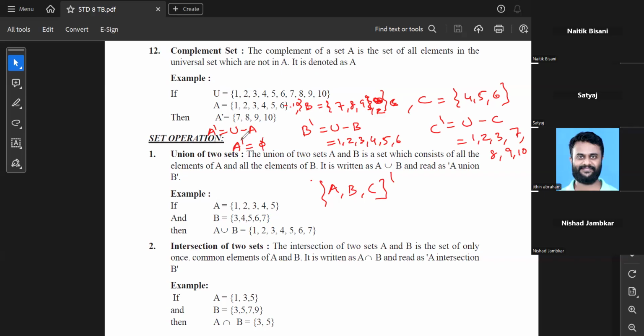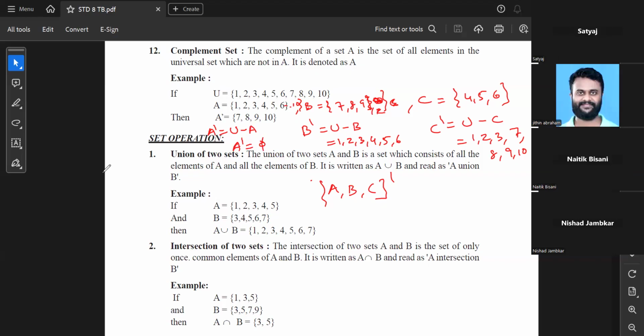Sir, I have one more thing, it is the whole of BC dash. The whole of ABC dash, this one. Sir, you have written this. Yes, but it's not a way of writing; I wrote it for explanation.